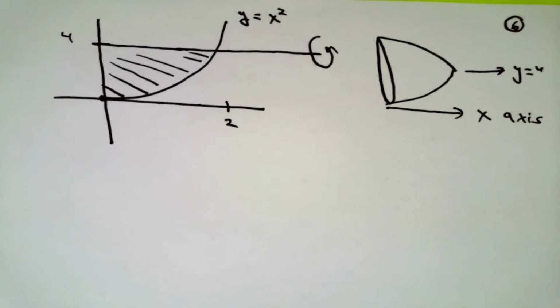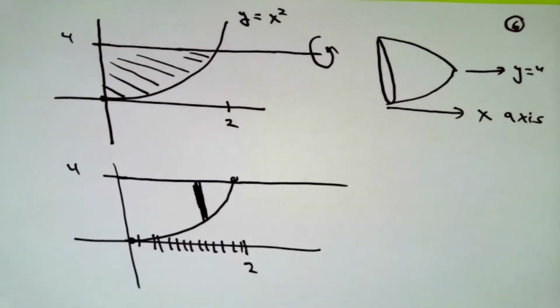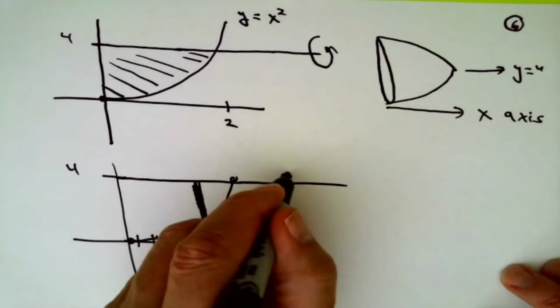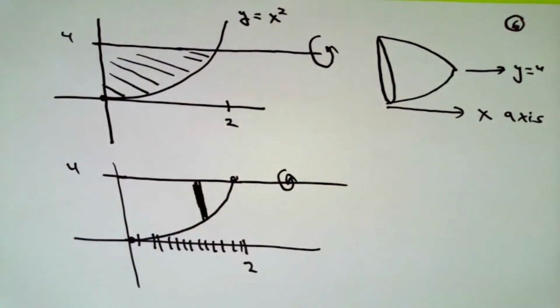So it makes sense to split the x up into smaller pieces again, corresponding to the previous situation, except this time the axis is this horizontal line where y is 4, so this vertical strip is going to get revolved not about the x-axis, but about that line.